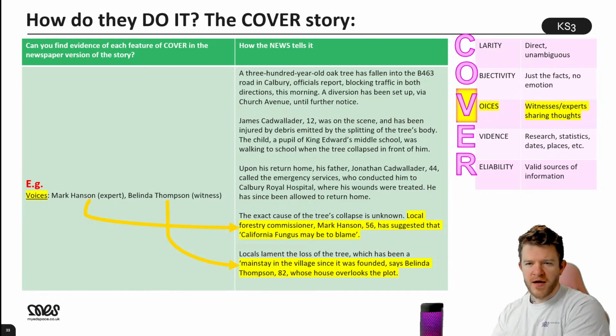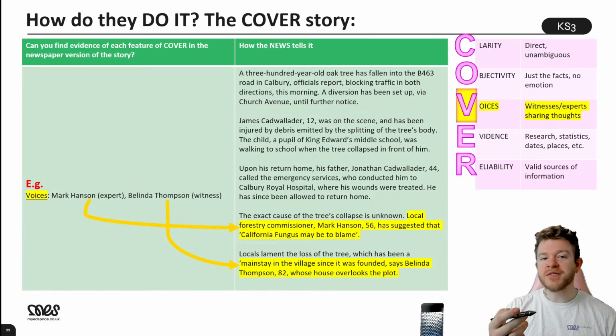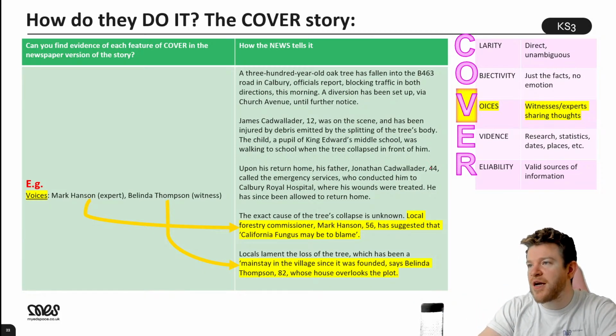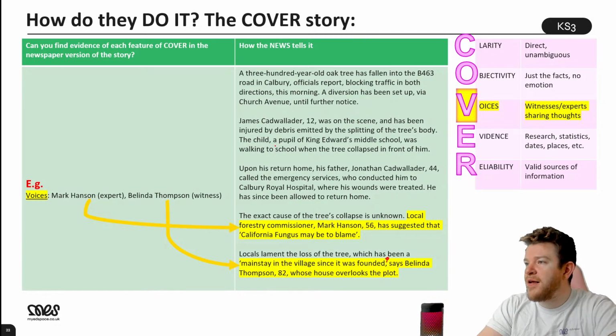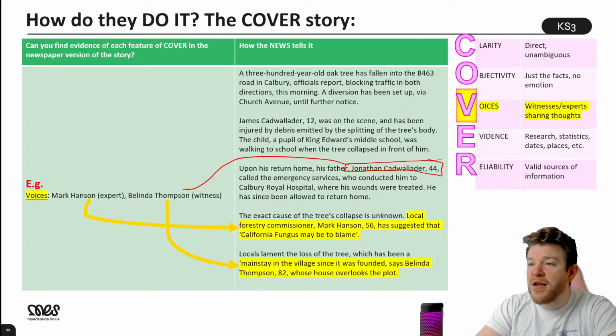Nice. Nice. Father is a witness for the voice. Yeah, also falls into voices, yeah. So it doesn't quote him directly, does it? But obviously the mention of him suggests that they've probably spoken to him. So I guess he could also count as another one of our voices. He's not quoted directly, but we still hear from him, don't we?